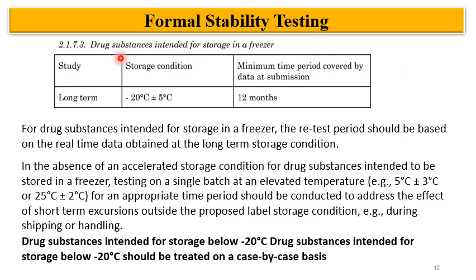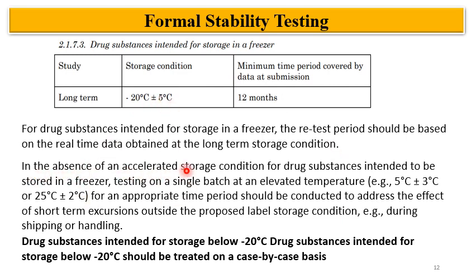Then coming to the drug substances intended for storage in a freezer. So the long-term condition is minus 20 degrees Celsius and there is no accelerated condition. For drug substances intended for storage in a freezer, the retest period should be based on the real-time data obtained at the long-term storage condition, that is minus 20 degrees.